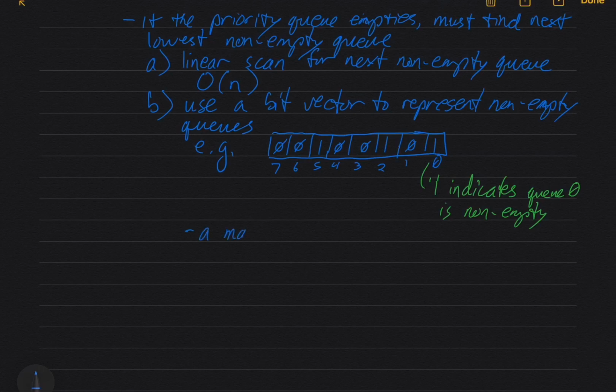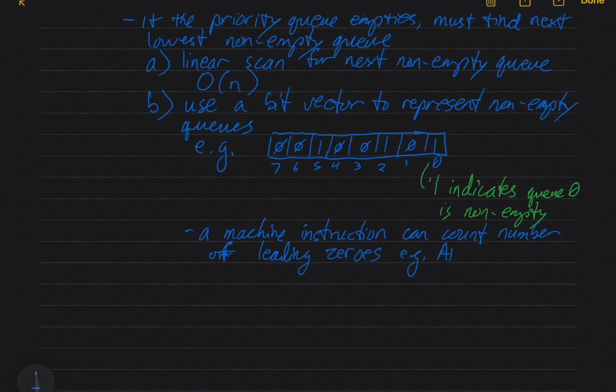A machine instruction can count the number of leading zeros. So for example, with ARM, it is the CLZ instruction, count leading zeros.